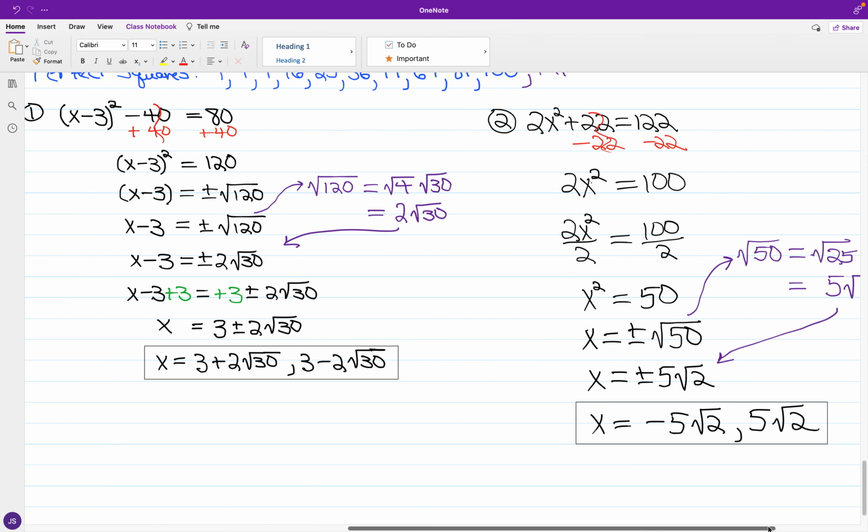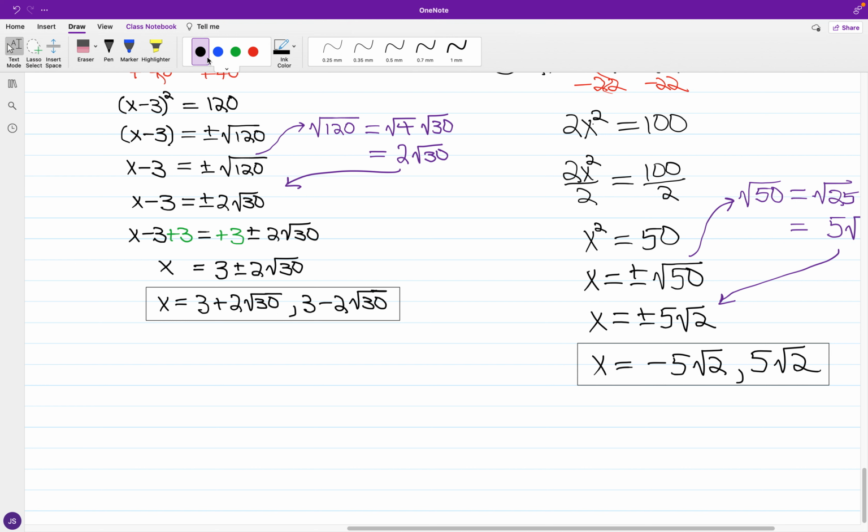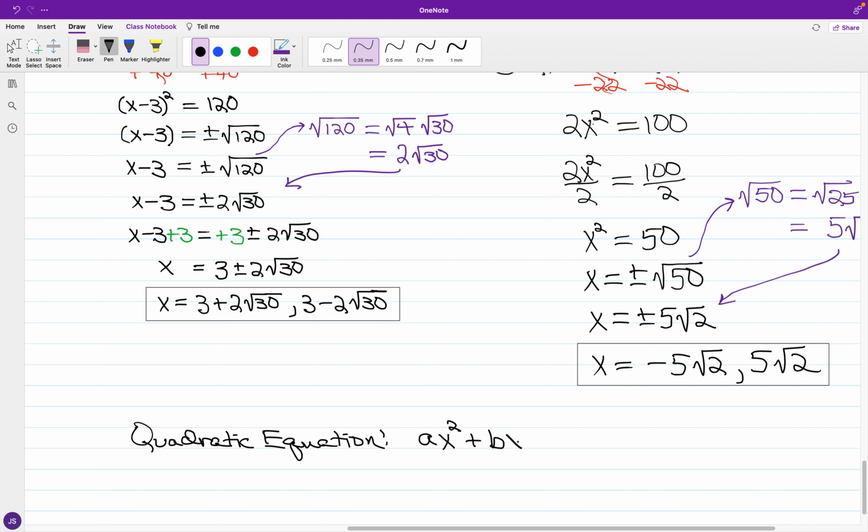Taking a quadratic equation in standard form, again, we have ax squared plus bx plus c is equal to 0, whereupon a does not equal 0.